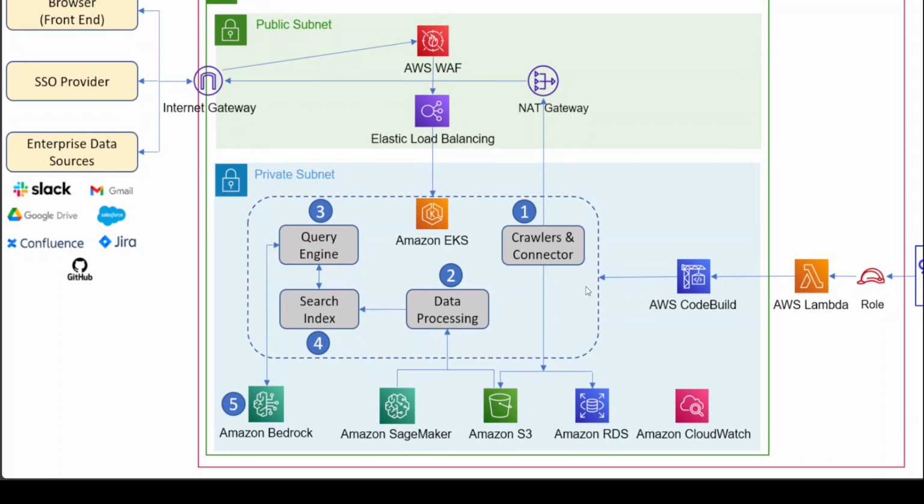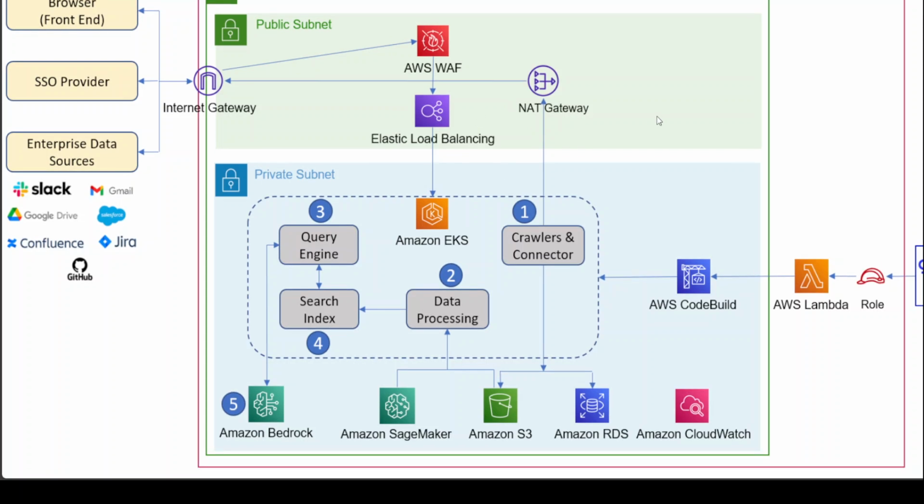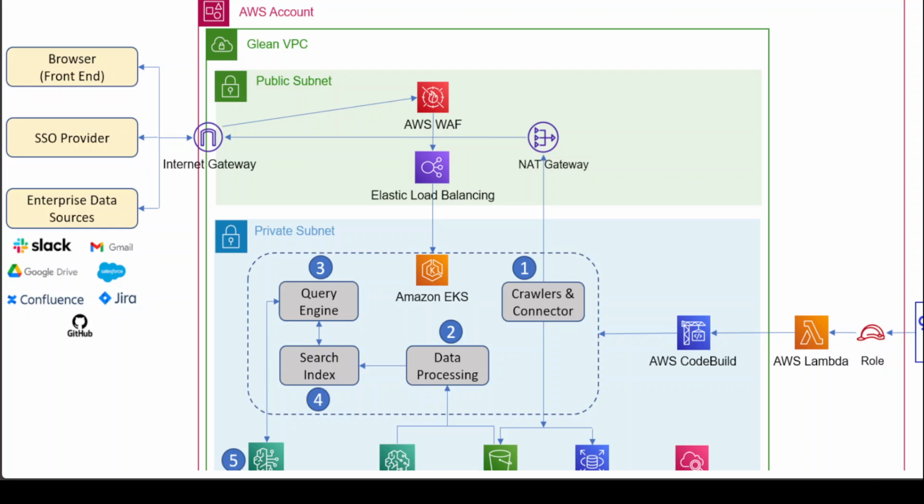It is deploying an EKS cluster which is hosting your Glean, and then it is deploying WAF, NAT gateways, internet gateways, RDSs, SageMaker, S3, CloudWatch, CodeBuild, Bedrock, and Lambdas, and of course, various auxiliary services. So it seems like quite an expensive solution. So make sure that you do your cost analysis before you deploy this. But the benefits are quite nice.